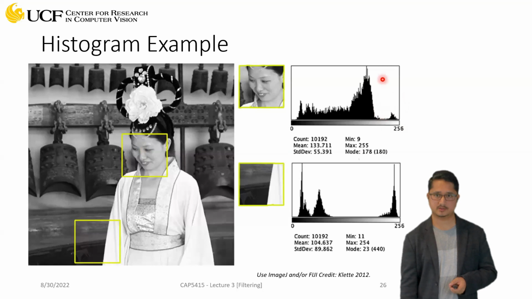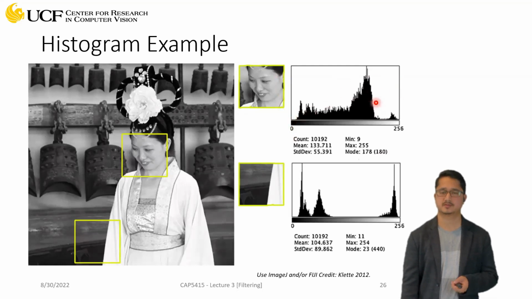Most of the pixels are in this range, and most probably these are coming from the face. Again, we have some dark pixels which might be coming from the hair over here, and we don't have completely dark pixels here. So this shows you the variation of pixel intensities in this particular patch.